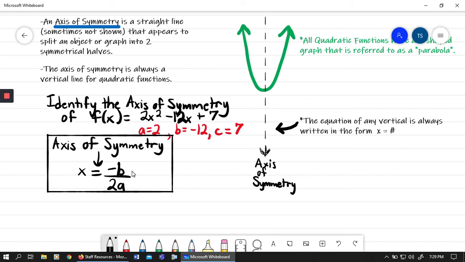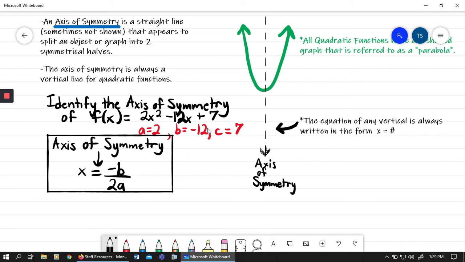Since this says negative b, folks, when we did the quadratic formula we had something similar, and remember I told you that this negative b is not really a negative b. It means the opposite of b, meaning you use the opposite sign of whatever the b value is.